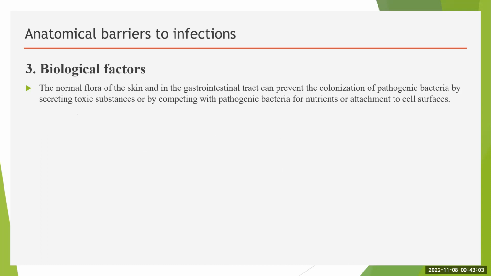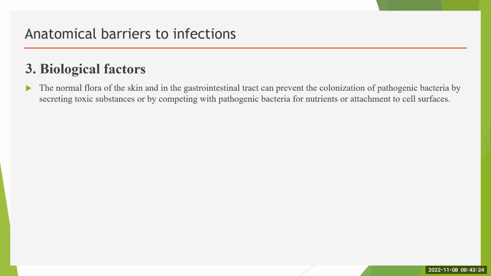Then the other important one is the biological factor or biological barriers to infection. And this is the same concept I talked about when I talked about the skin, in that the skin has a particular flora of organisms that can either be beneficial or non-beneficial.